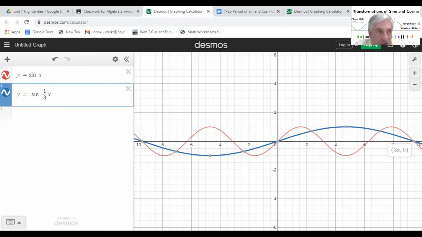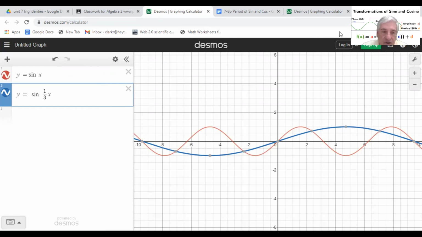I got 1020, but let's check my math. 1020 is not right? Well, that's why I'm always telling you to check my math. Sometimes I want it checked because I know I gave you a false answer. And sometimes, like that time, I just wasn't thinking well. 360 times 3 is 1080. So our new period is 1080.